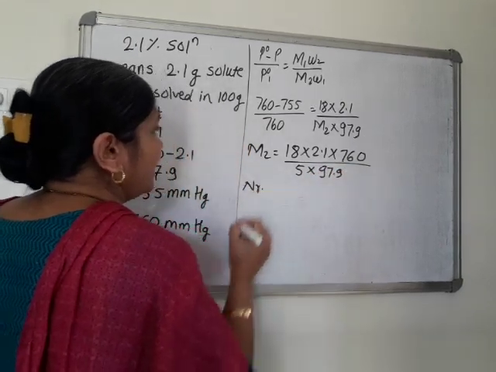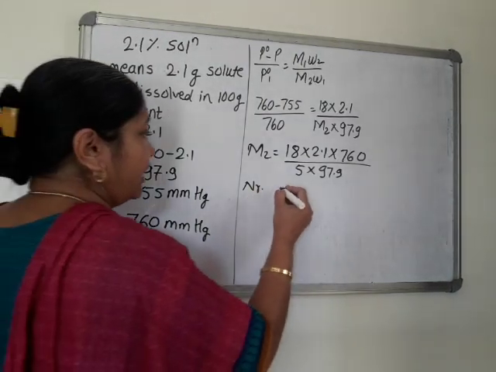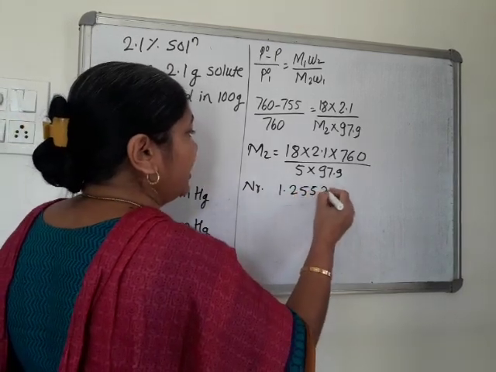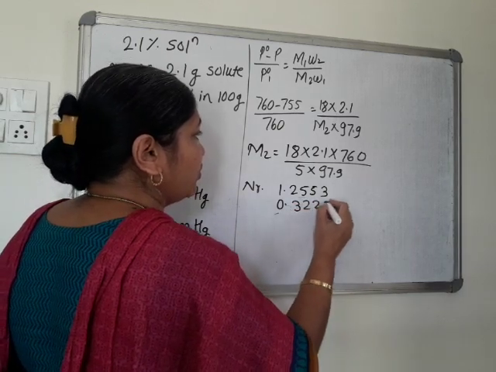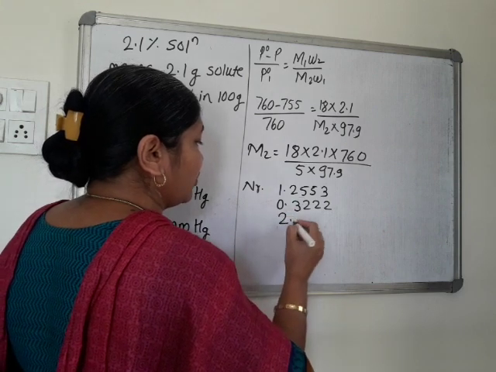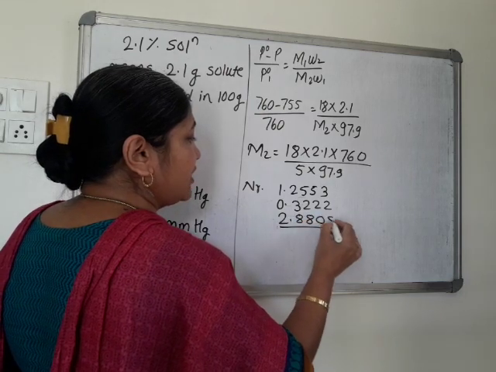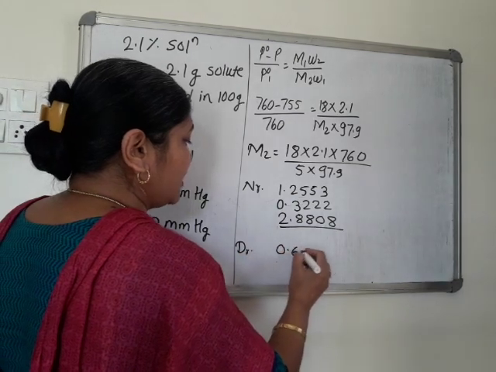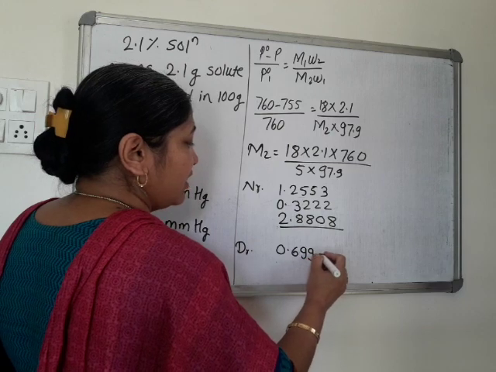Solve. Take log of numerator and denominator. Chalo, first log of the numerator. 18 log is 1.2553, na? 2553. 2.1 is 3222. 760 means 76 in 0, 8808. Denominator: 5 is 0.6990, na? 6990.